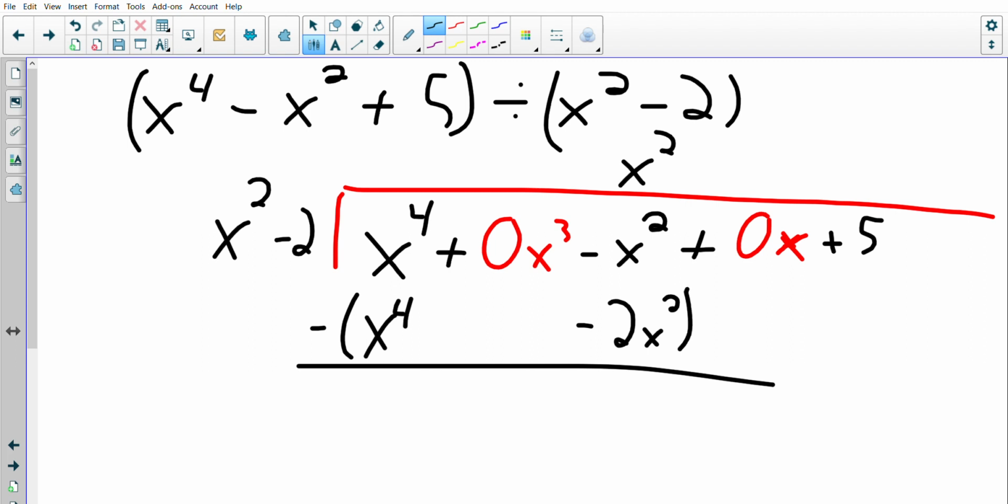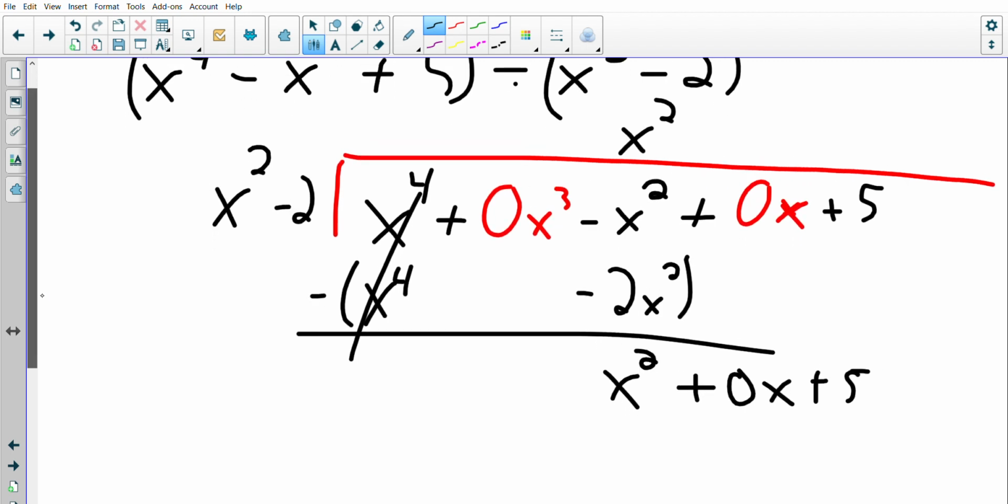So we have 0x. So this cancels out. That's fine. 0x. Well, that's still nothing. So it kind of works out in our favor. And then we end up with a positive x squared plus 0x plus 5. So in this example, the 0x's are working in our favor because of how it's set up.